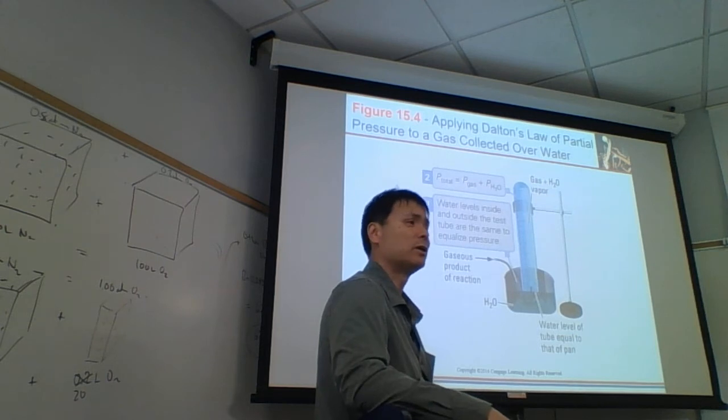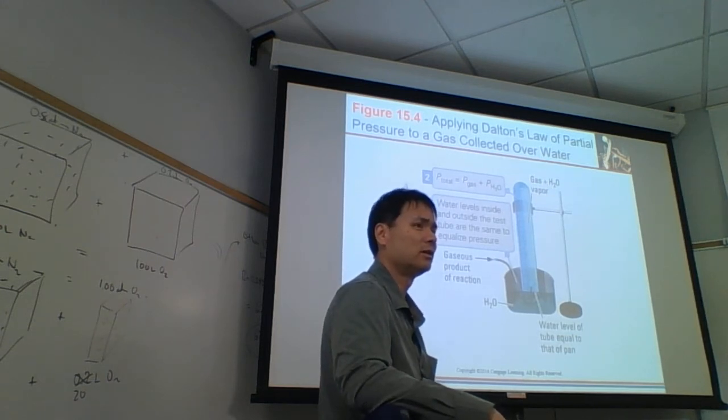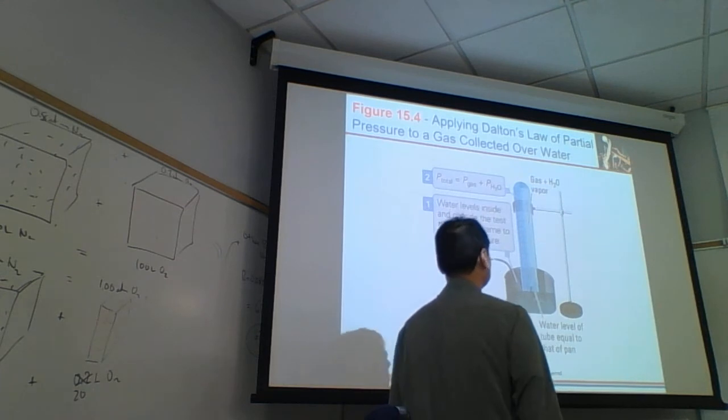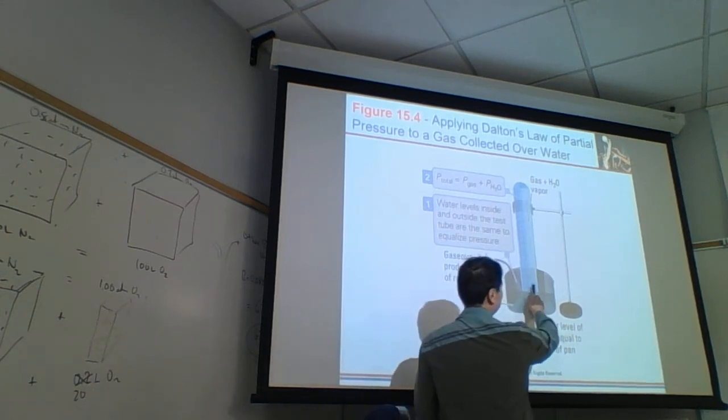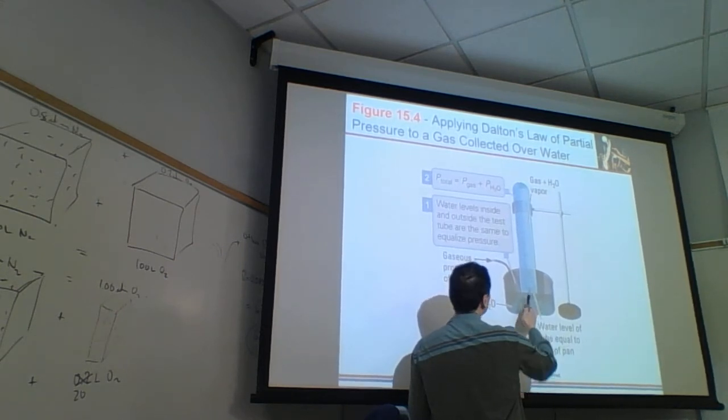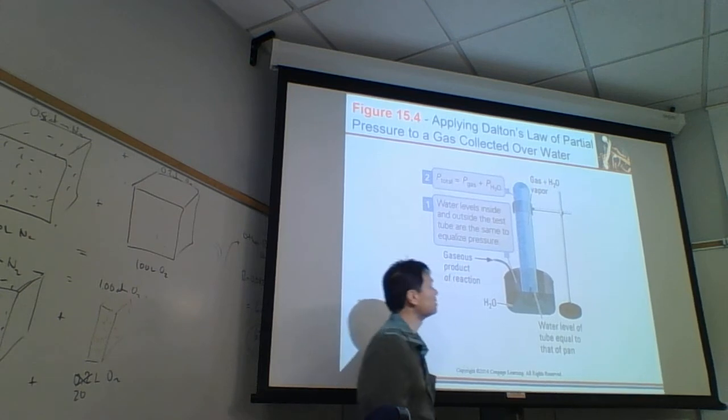In this room, is it 100% relative humidity? No. 100% relative humidity is very uncomfortable. But inside, if you're trapped inside this container, it would be 100% relative humidity. It would be very humid and uncomfortable. That's what the oxygen is doing.